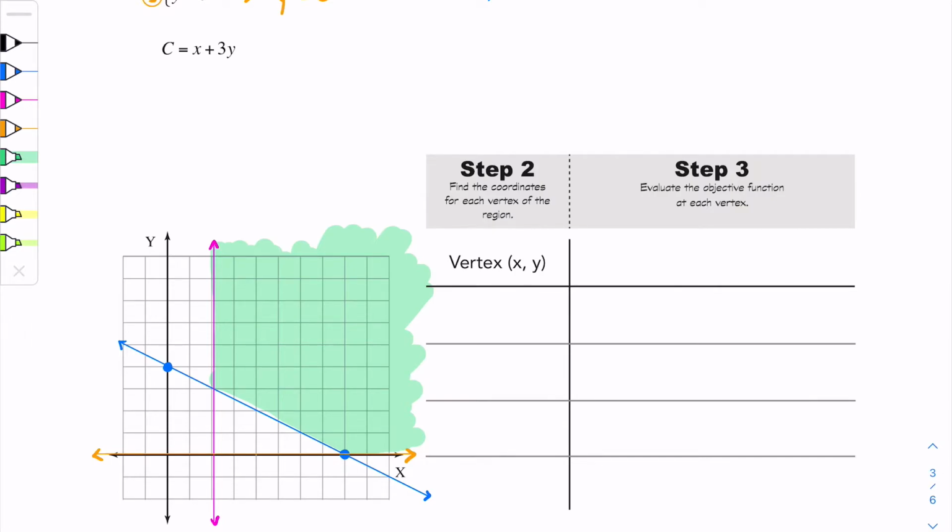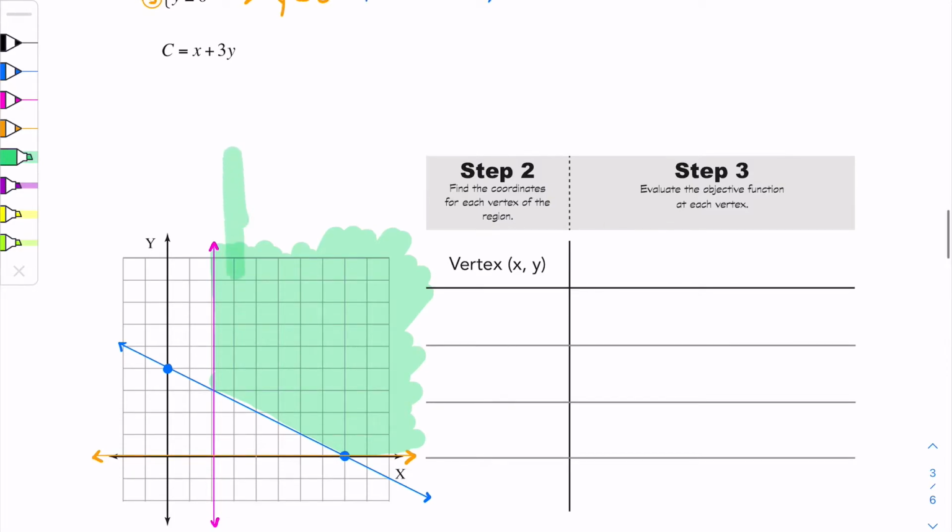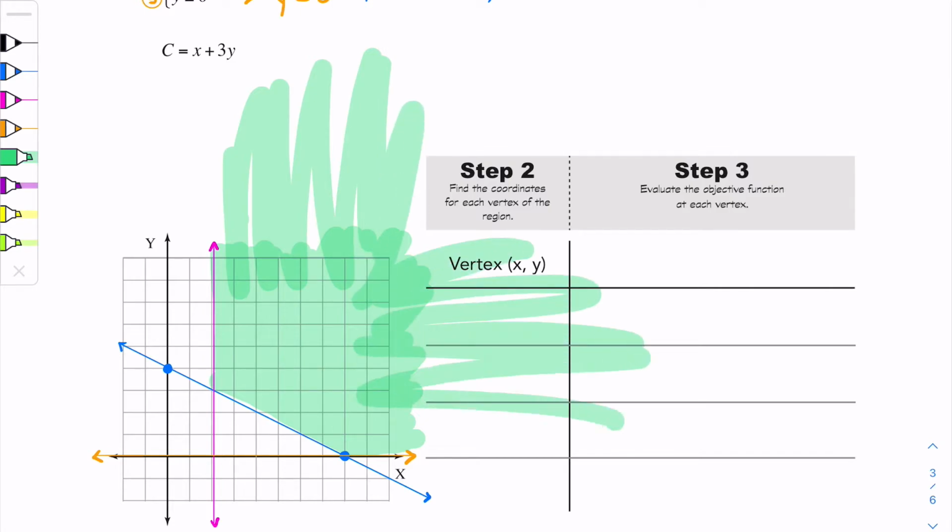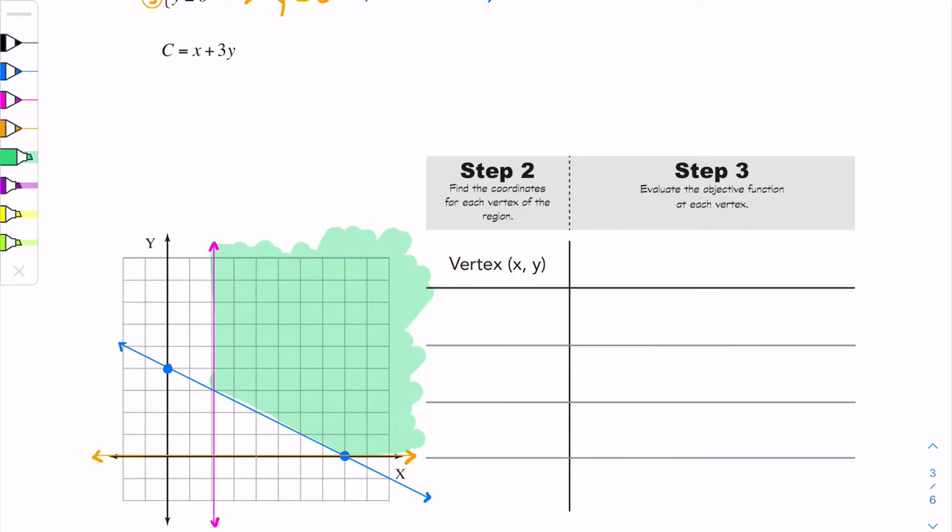This is an unbounded region, meaning it goes on forever. So this graph extends, you could shade up this way forever, you could shade this way forever. It extends on past what you see on this graph.